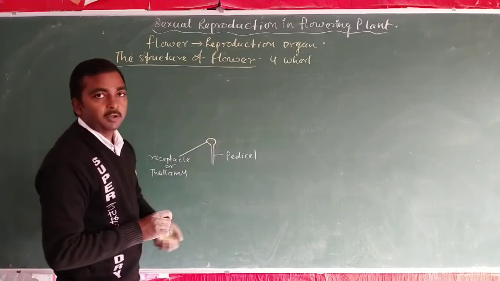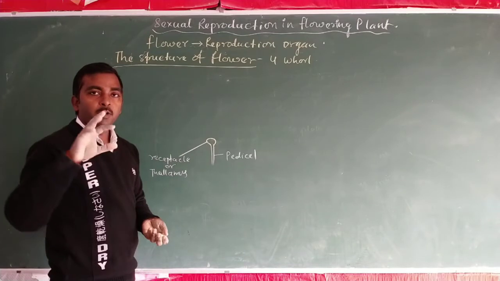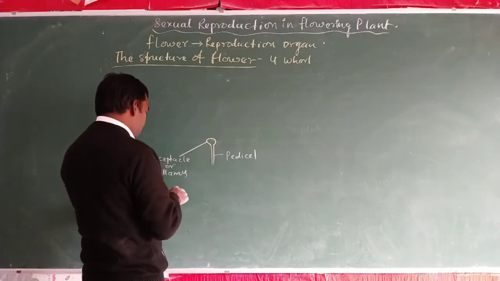Over the thalamus or receptacle are four different kinds of whorls of the flower.